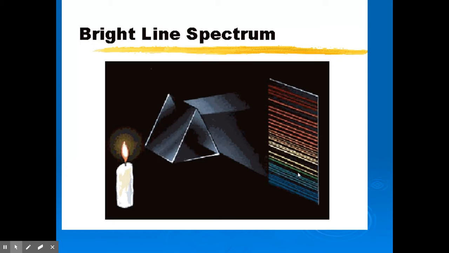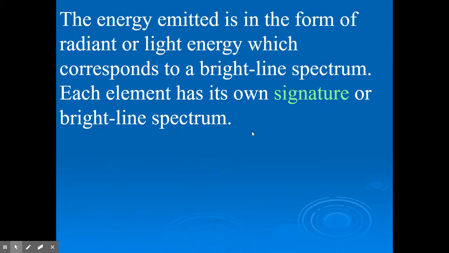For the most part we're going to talk about individual elements, with very few compounds. When you look through this special lens, you see a bunch of bright lines. When you look with just your eyes, your brain processes it as one color. That's the difference between the flame test and bright line spectrums, or spectroscopy: the way our eyes see things and the way other lenses see things.